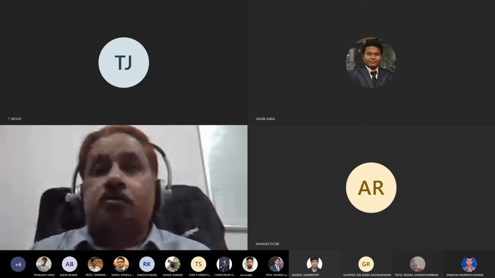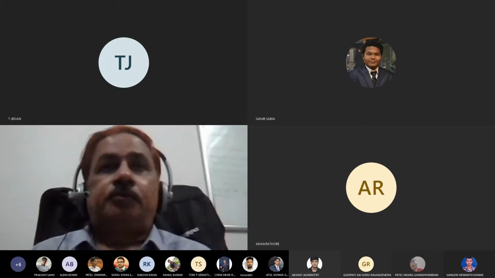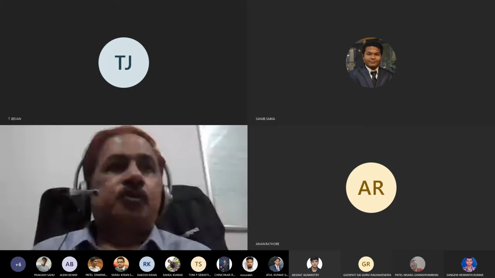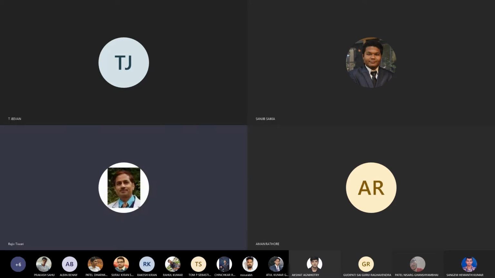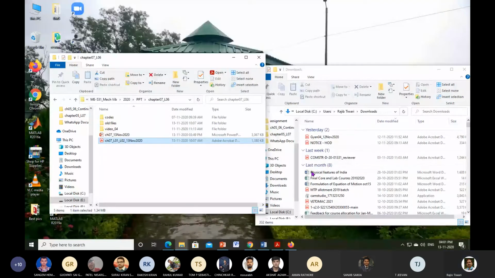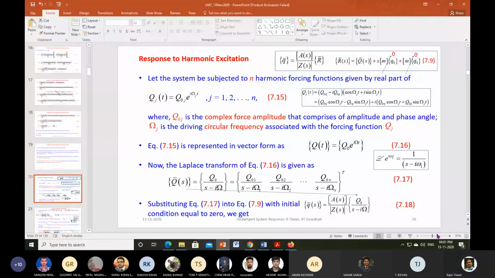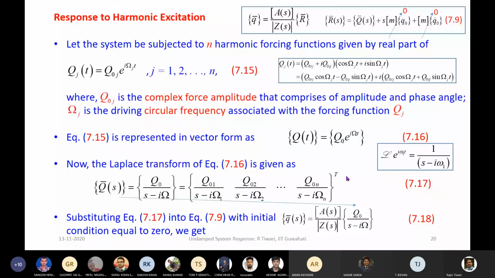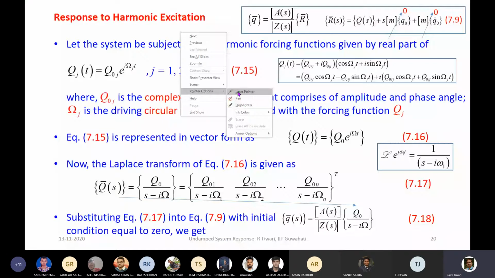So we'll now take the simplest type of force, which is harmonic force. These forces are acting at n locations.